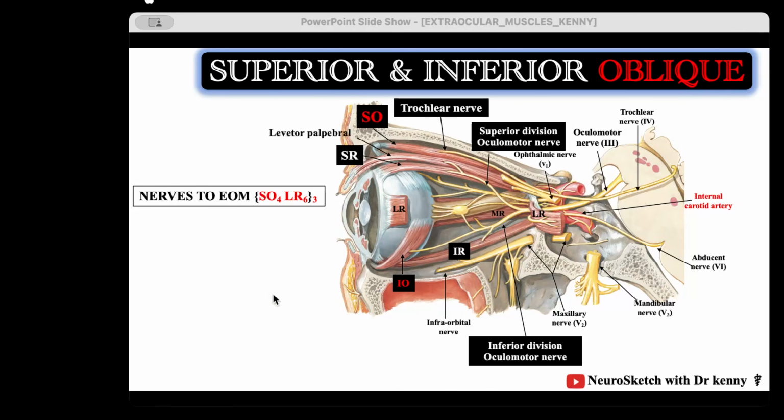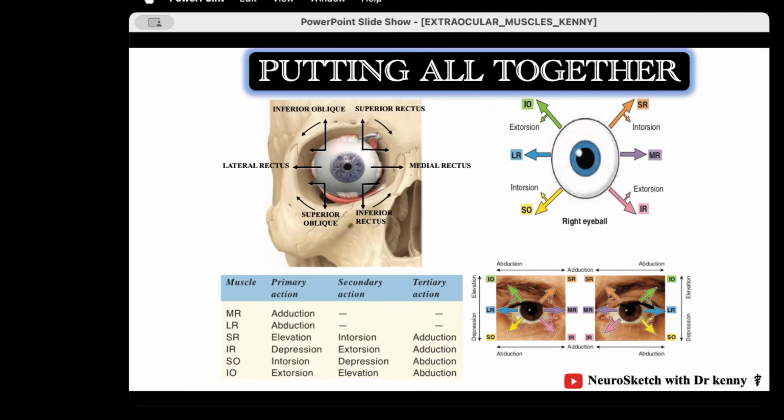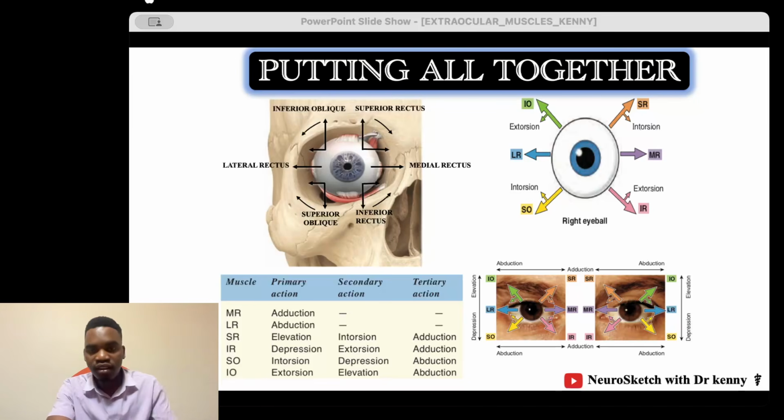So just to summarize, putting all the extraocular muscles together: the medial rectus and the lateral rectus are perfectly straight, so they have no stories.